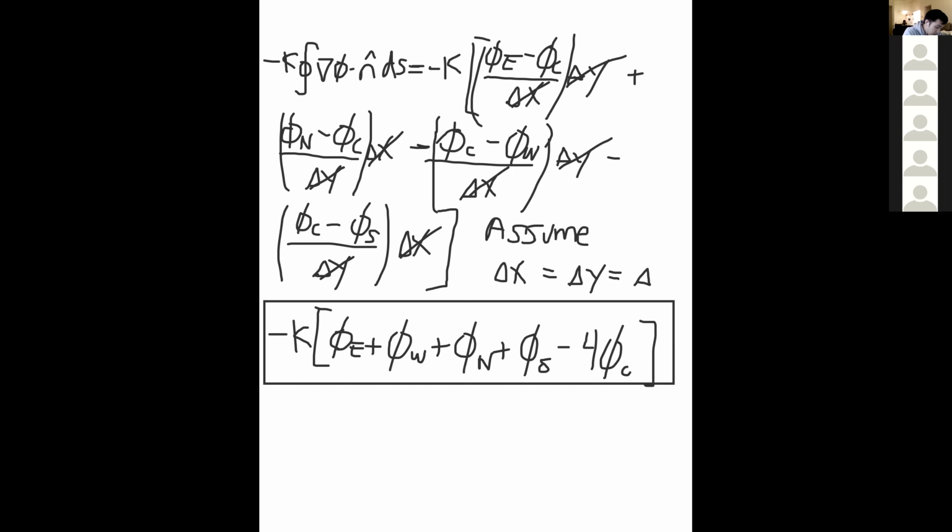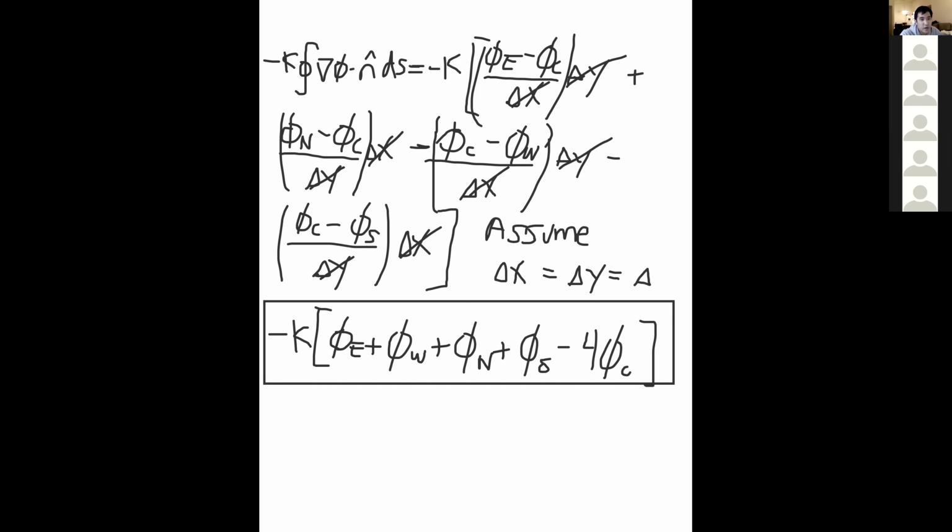Hopefully this looks familiar, because this is basically our second time looking at diffusion. Our first time was with finite differences. If you compare this to our finite difference coefficients, you should see that these are basically the exact same coefficients, except in finite differences we called them the upper neighbor, the lower neighbor, the left and the right.